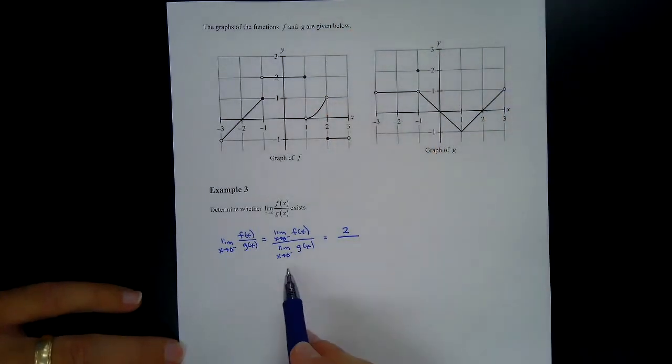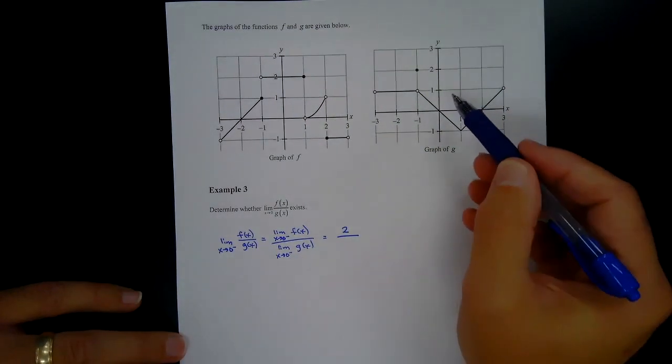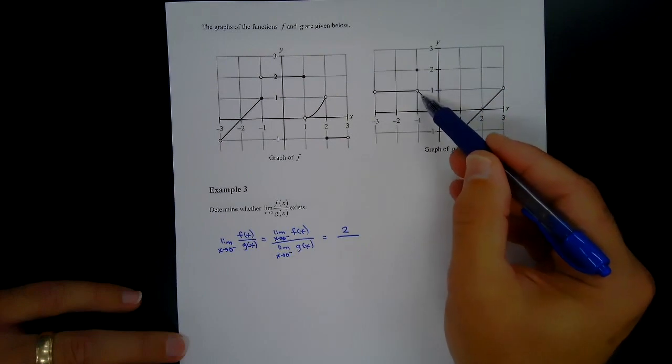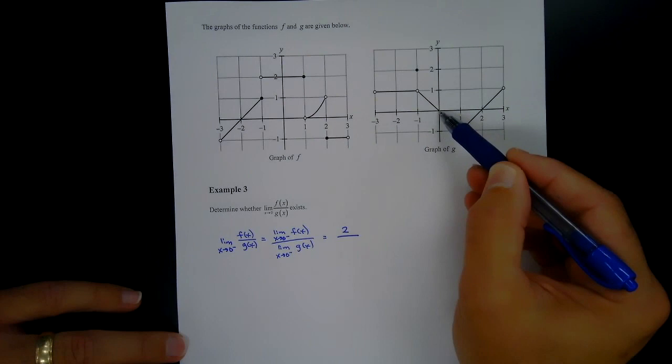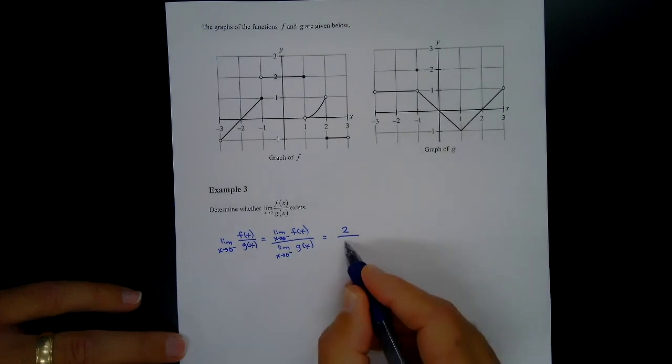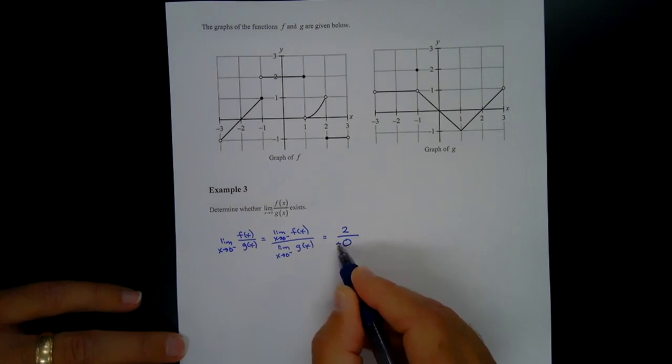And how about the limit as x approaches 0 from the left of g of x? From the left of g of x, we're getting closer and closer to 0. But just before we're at 0, what do you know about these y values? Well, they're positive. So this is getting closer and closer to the number 0, but that's going to be a positive 0.